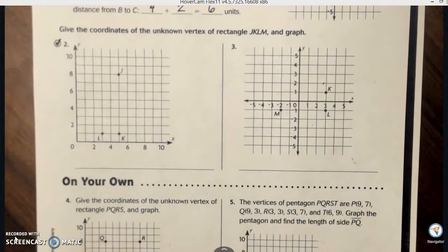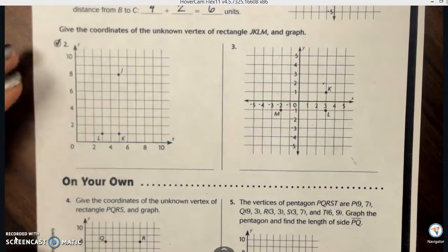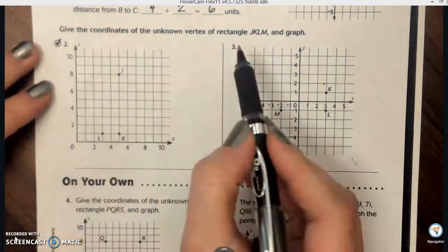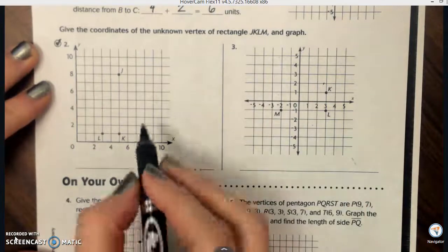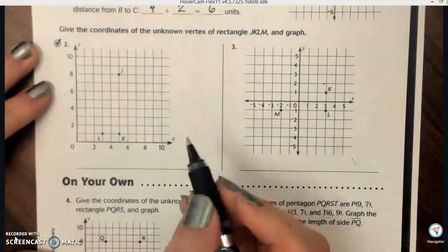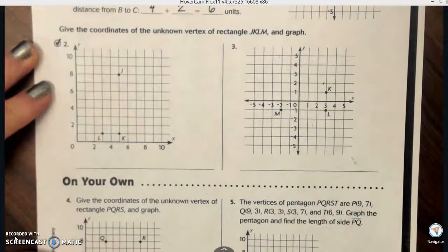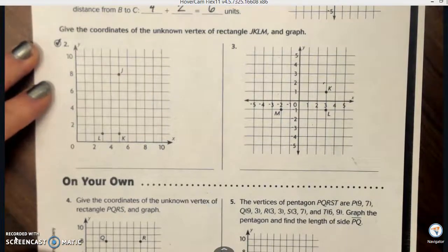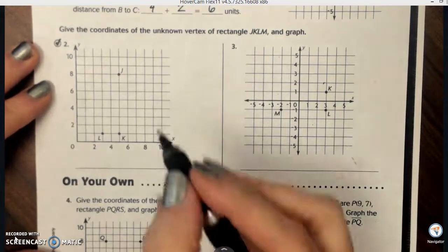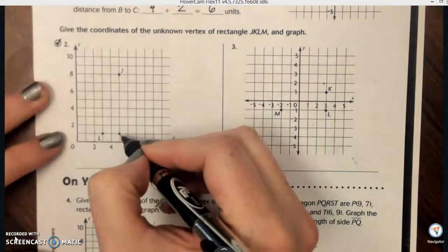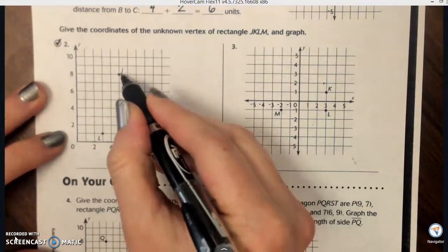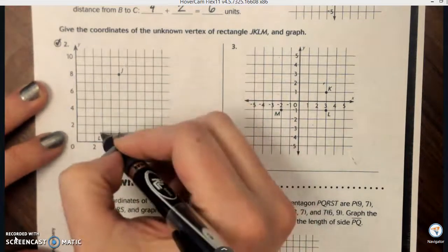Alright, number 2. We have to find the unknown vertex. So this is rectangle JKLM. So remember with a rectangle that it has 2 sets of parallel lines. So notice here J is at 8 and K is at 1. So 8 minus 1 is 7, right?